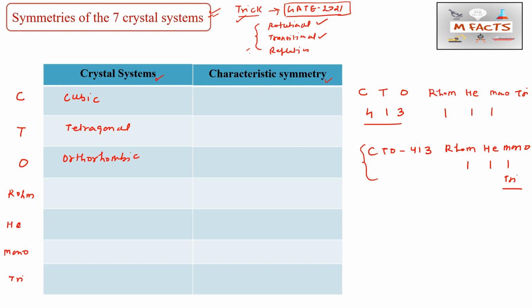CTO 413 means 4, 1, 3. Rom means rhombohedral. Rhombohedral is simple, though there is another name for this rhombohedral, which I will tell you. He means hexagonal. Mono means monoclinic, and tri means triclinic.